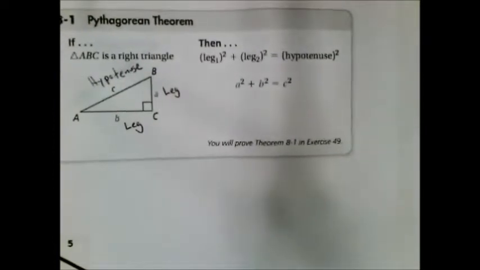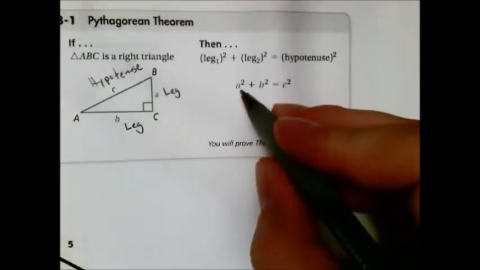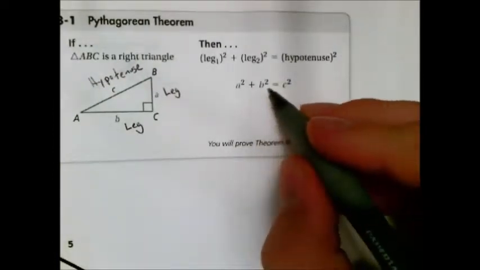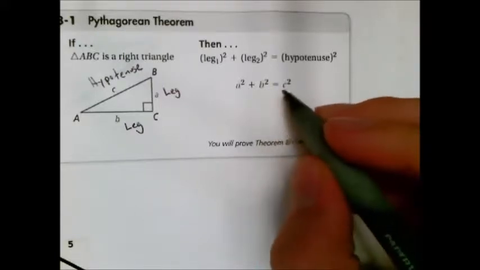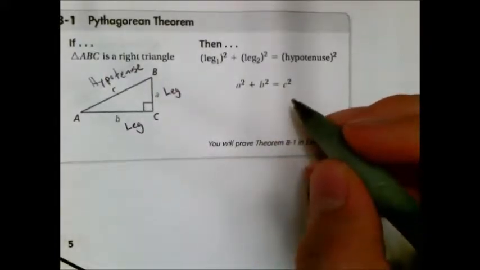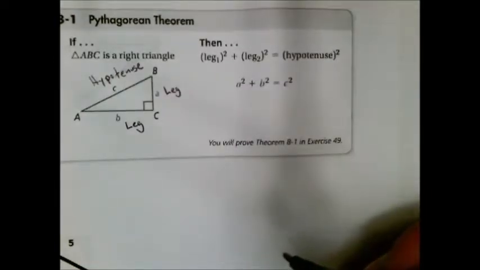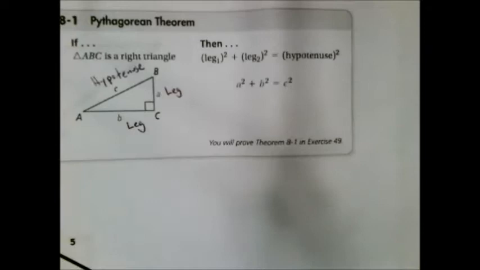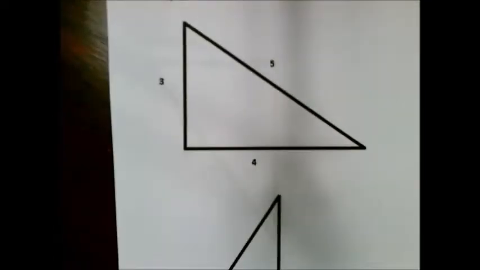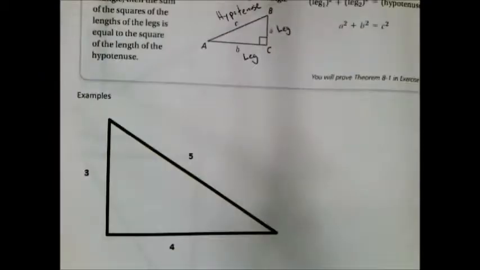Now what the formula is saying is that if we take one of the legs squared plus another leg squared, we should end up getting the hypotenuse squared. So let's look at this real fast.